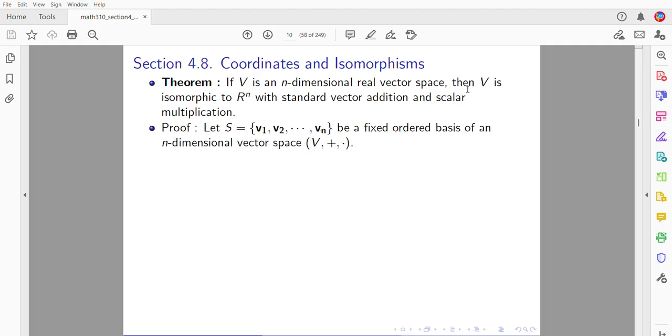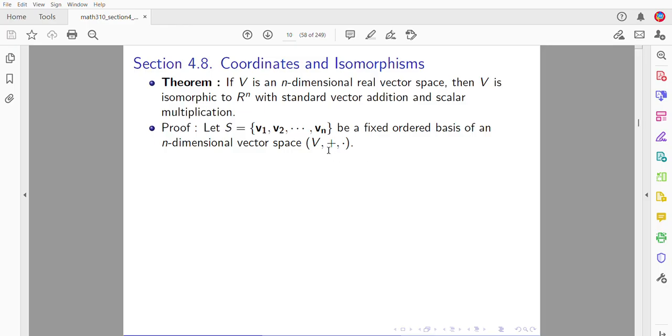Well, let's start. Fix an ordered basis. You know V is n-dimensional, so it has a basis with n vectors. So fix an order, that is your set S, which is an ordered basis.